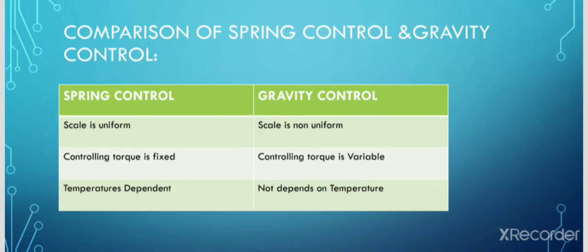Next we are seeing the comparison of spring control and gravity control systems. The basic comparison is that a spring control system consists of a uniform scale, whereas a gravity control system consists of a non-uniform scale.